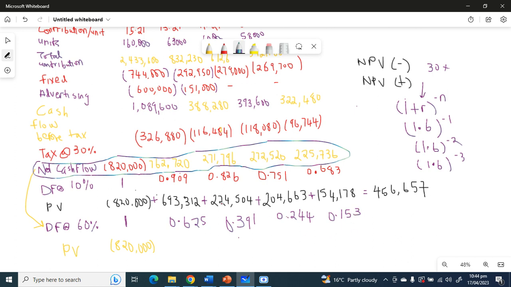So we multiply each of these discount factors with the net cash flows here. So 762,720 minus 0.625.